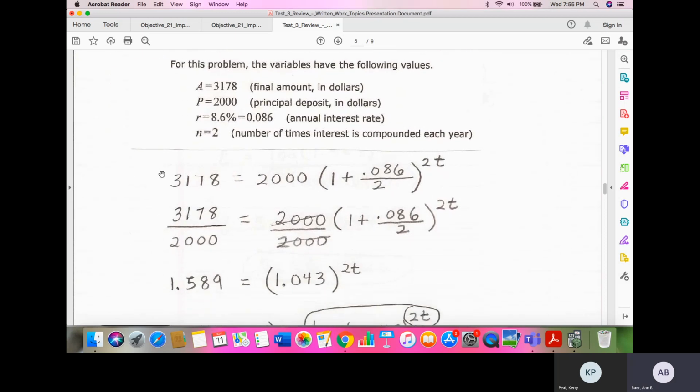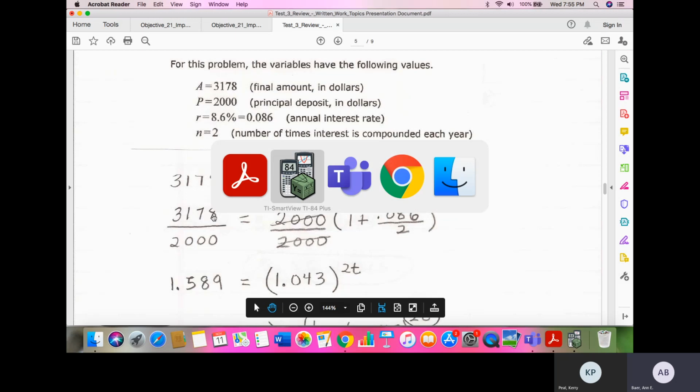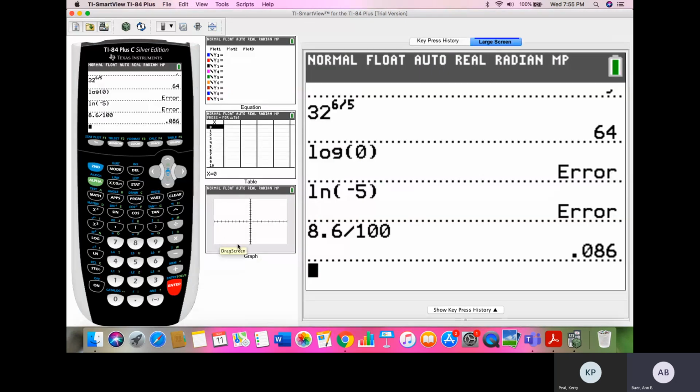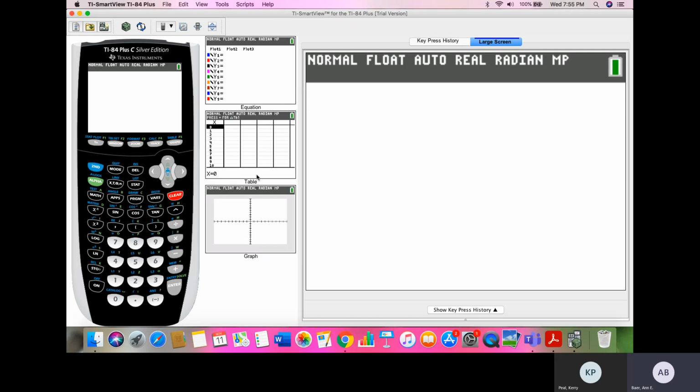And let me just show you something on the calculator. How would you know, on your calculator, if you were rounding or not? That's a real important concept. So let's take a look at that. I'm going to clear my home screen here because there's so much on it already.